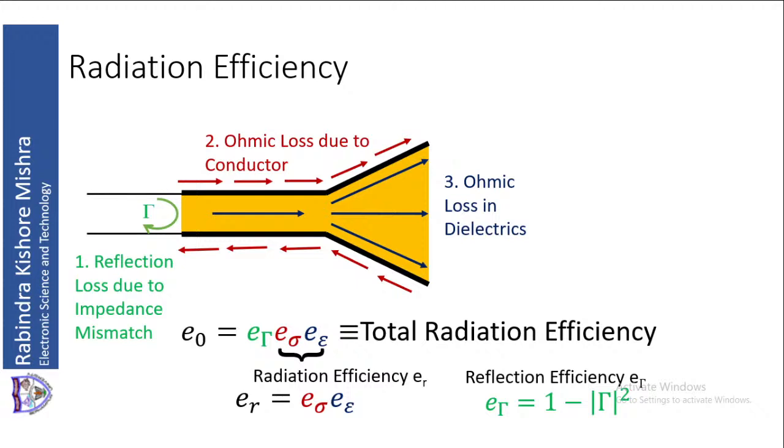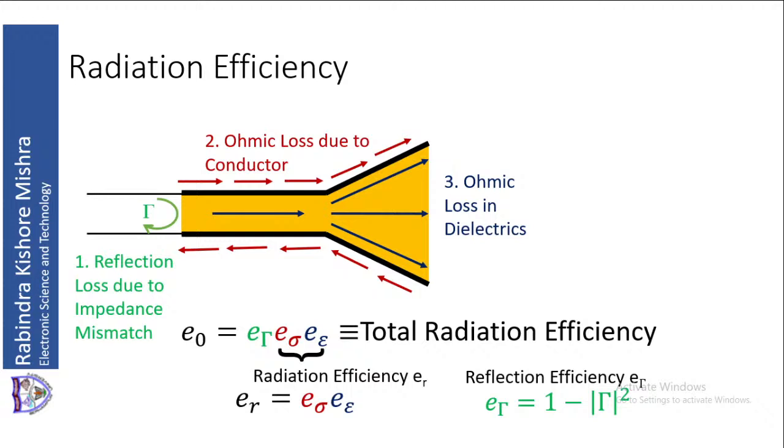So we define e0 equal to e_gamma times e_sigma times e_epsilon. e_sigma times e_epsilon forms the radiation efficiency. So e0 is equal to e_gamma, e_sigma, e_epsilon.